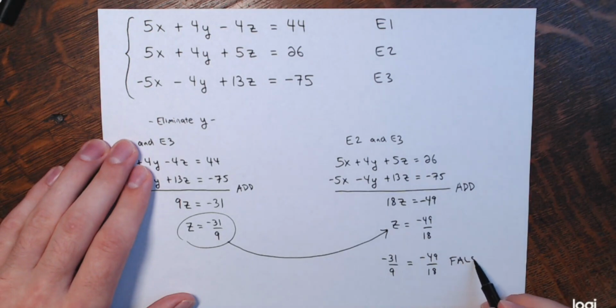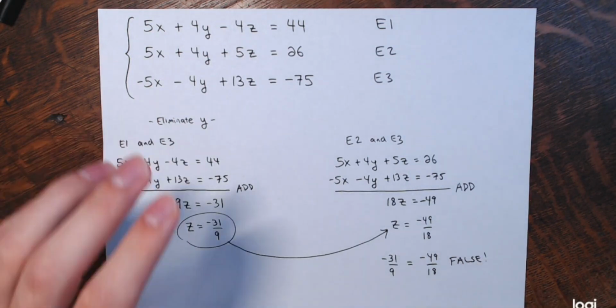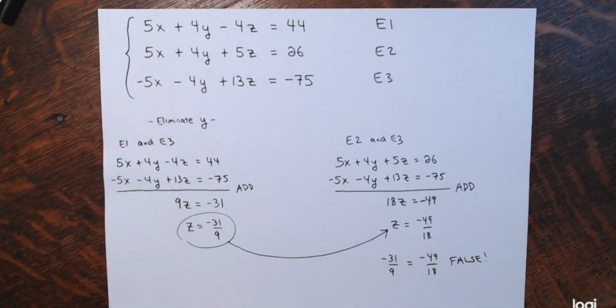If you end up with a statement with no variables that is always false, because with a common denominator this would be negative 62 18ths, which is not the same as negative 49 18ths, this is false. This is bad.